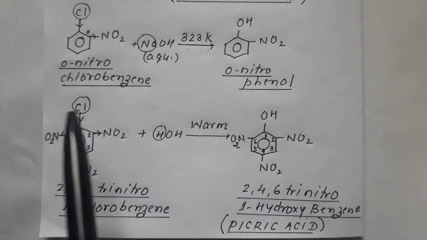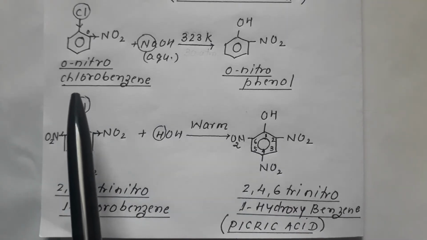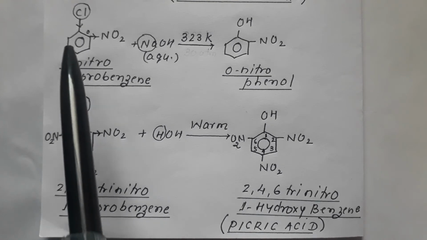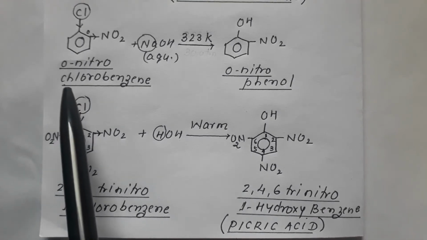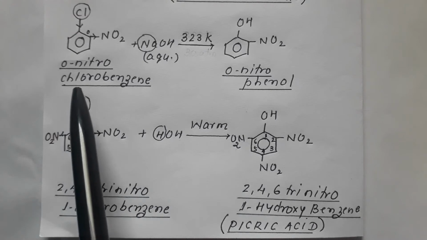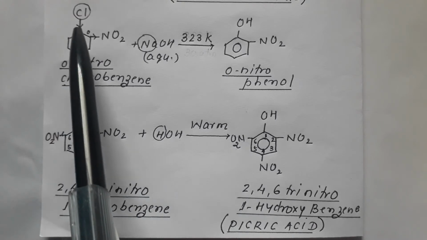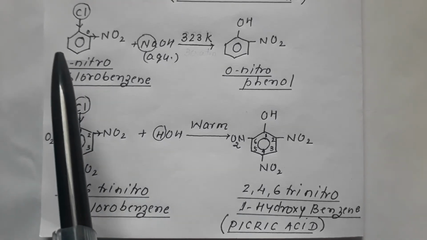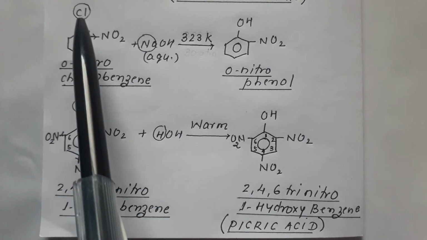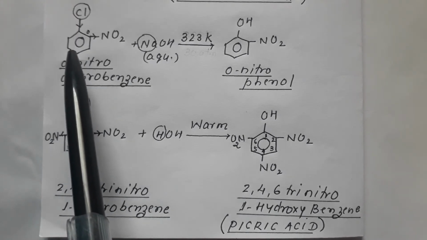Now, what is the reason behind the low reactivity of haloarene? We have already discussed that the reason for low reactivity of haloarene is the electron donating property of the halo group. In haloarene, halo is electron donating, the ring is electron withdrawing.